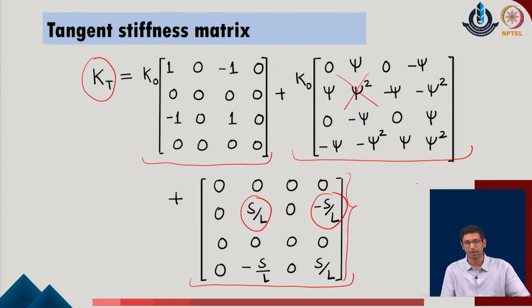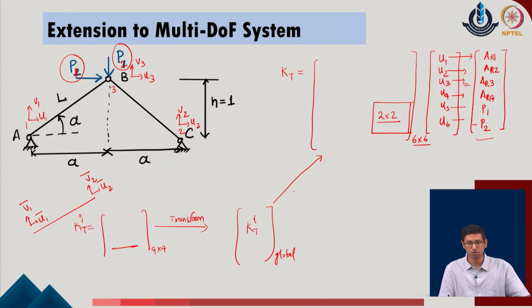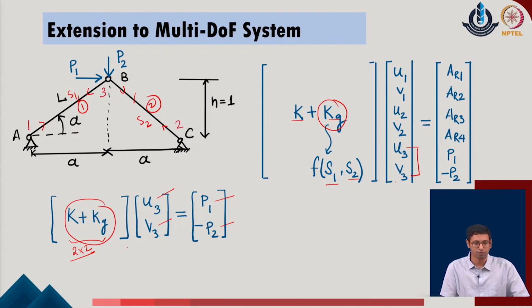With this idea in mind, this is the simplistic matrix, the sub part of the given system with only u3 and v3 components, equal to p1 and minus p2, and this is the contribution of a simple 2 cross 2 part of the stiffness matrix. This 2 cross 2 matrix part is identified from this position of the given global matrix. Once I am able to solve this problem, I will get the solution of the overall problem.